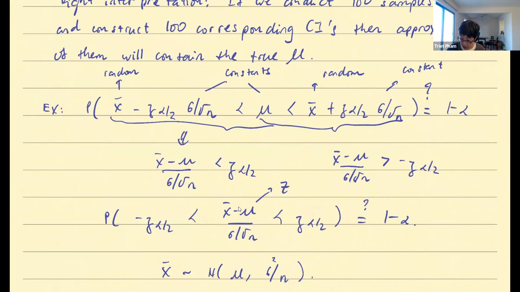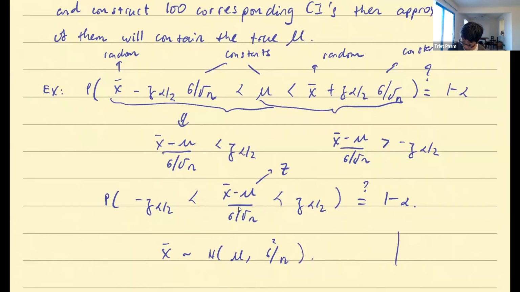If you draw out the picture, this is z alpha over 2, and because of symmetry, this is minus z alpha over 2, with alpha over 2 here and alpha over 2 here, so exactly 1 minus alpha in the middle.